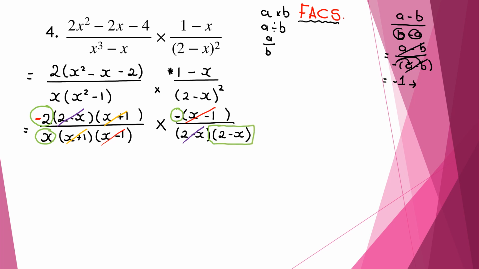Okay, and so our final answer will be negative 2 multiplied by negative 1, which is positive 2 all over x, and 2 minus x. And so that over there is our final and simplified answer for this fraction after we applied our facts for fracts. So let's just go back.